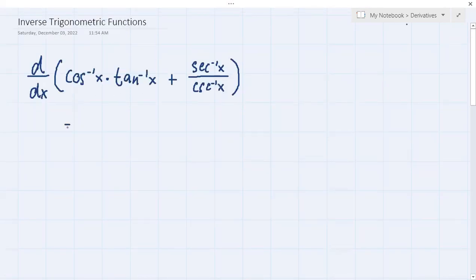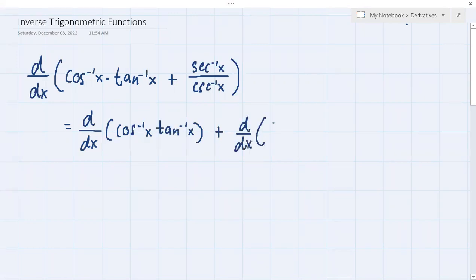So, in here, dito, we can apply sum and difference rule of differentiation kasi both terms are separated by the addition operation. So, what we will have here is this one. The derivative of arc cosine x times arctangent x plus the derivative of arcsecant x all over arc cosecant x.